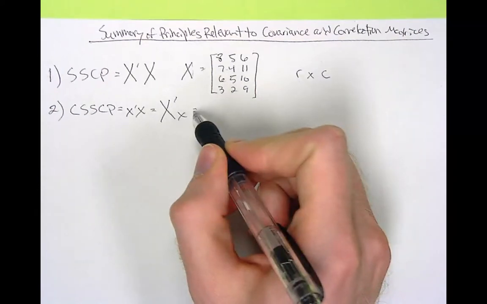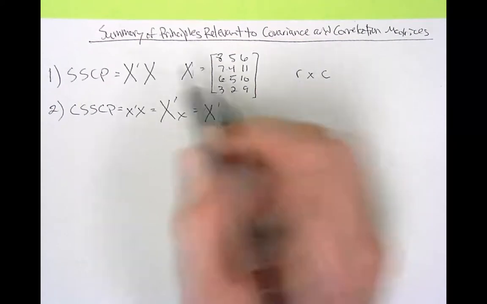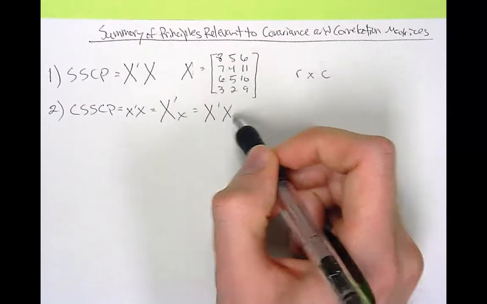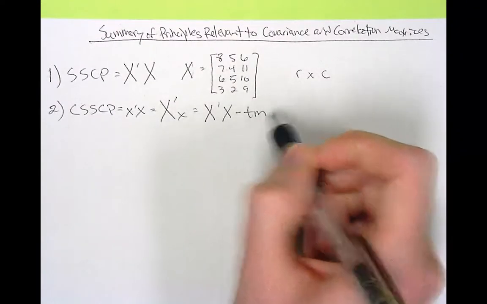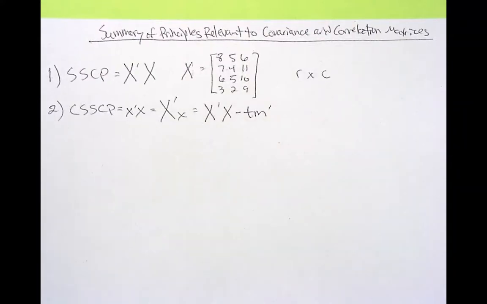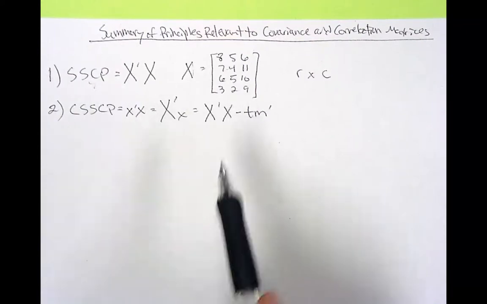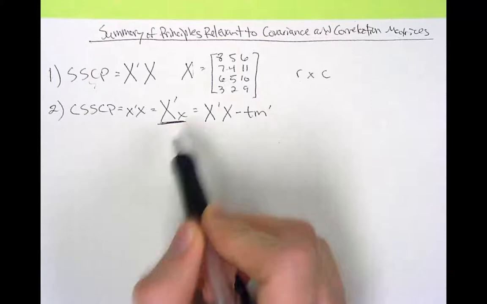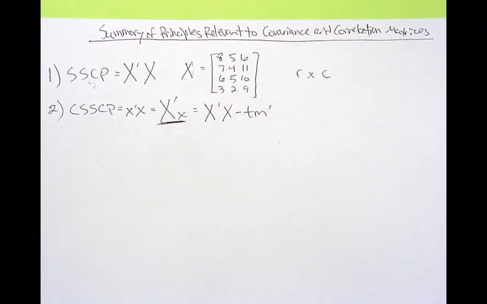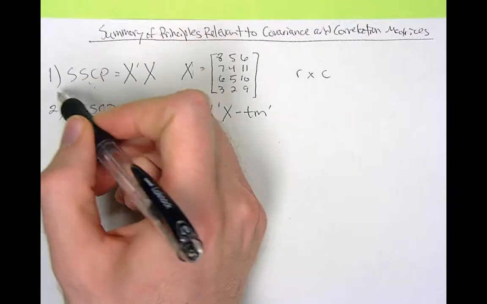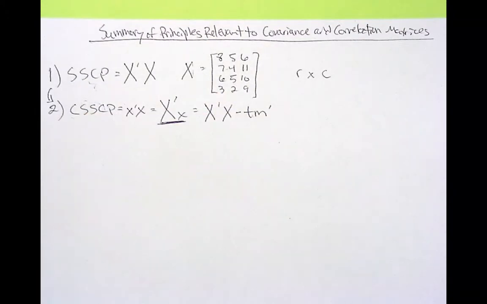In the last video we also showed that you take the sums of squares and cross products matrix and subtract the total times the transpose of the mean vector matrices, and that will just center the sums of squares and cross products matrix. But the one we'll use most is this one right here because it's most simple and most precise. So once again, matrix multiplication of data matrices that are centered is this one. So we can use the first one to get the second one.